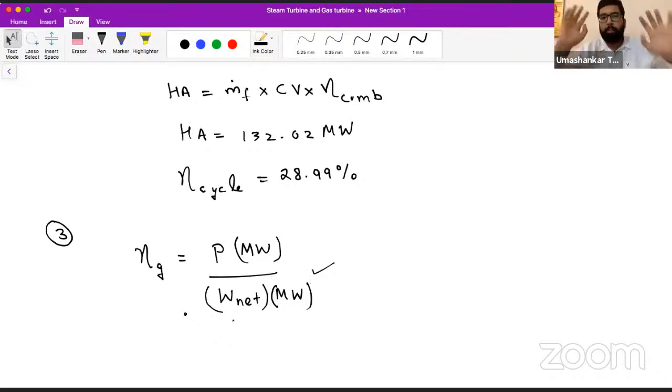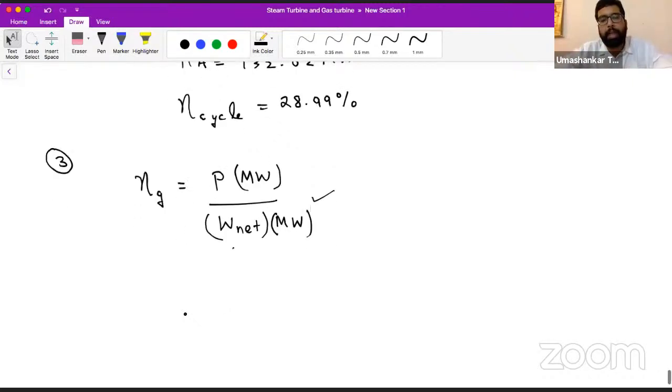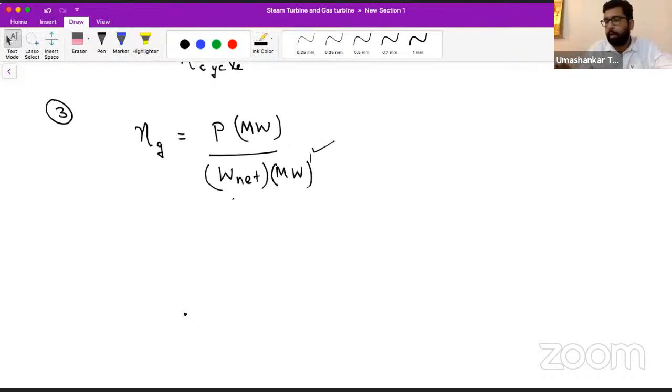So actual gas turbine, is that clear or not? We have completed the actual gas turbine part. Let me conclude this series, what we have seen till now in gas turbine.